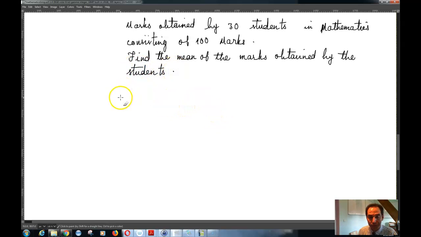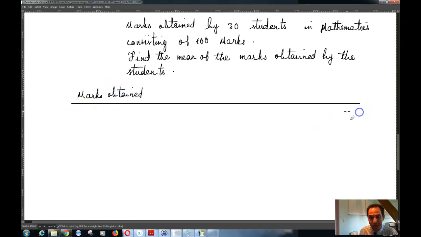So basically you have the marks obtained, and then the number of students who got those marks.